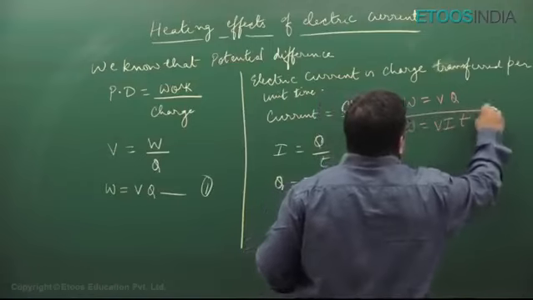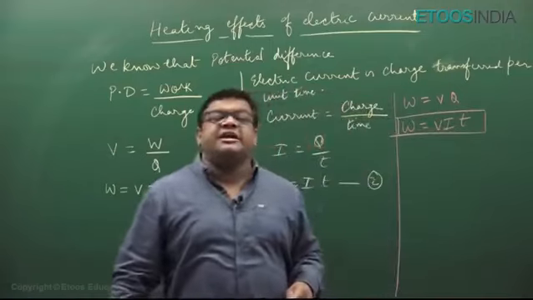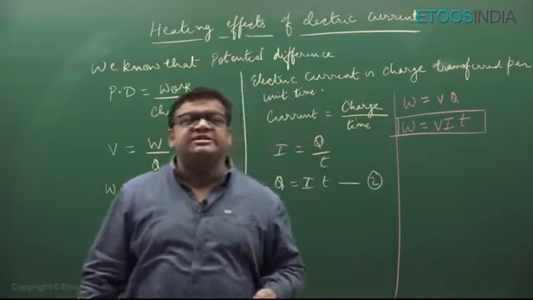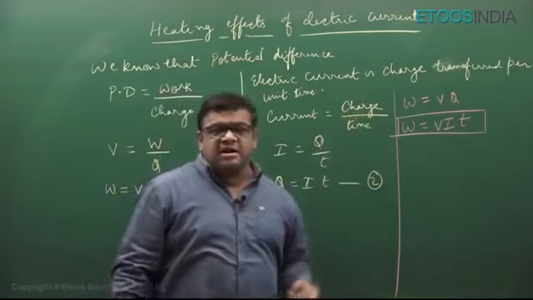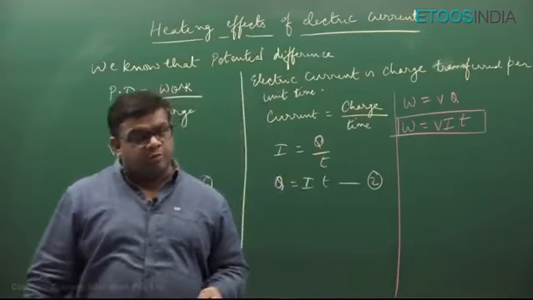So, the formula for the work done becomes VIT, that is potential difference multiplied by current multiplied by the total time during which current flew.